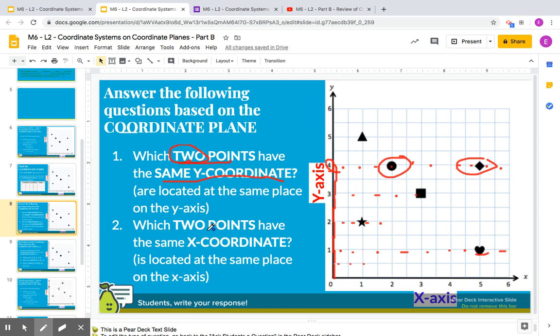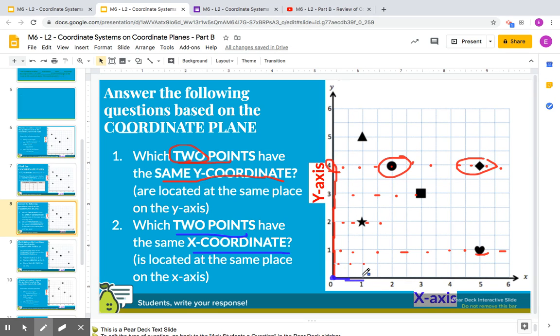Let's take a look at question number 2. Which 2 points have the same x coordinate? Similar to the problem we just solved, instead of looking at the y coordinates, I'm going to look at the x coordinates. 2 shapes have the same x value. So again, I'm going to start with my origin and look at each tick mark individually. If I look at 1/2, I don't see any shapes there.